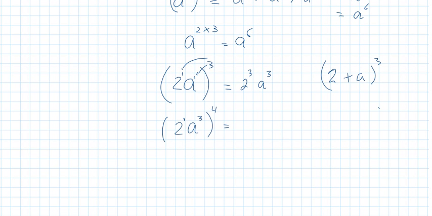So what happens here is I have to think about that exponent 4 that's going to multiply into both terms. So that's going to be 2 to the power of 4, because 1 times 4 is 4, and then a to the power of what? 12. You guys agree it's 12? Yes, because 3 times 4 is 12.